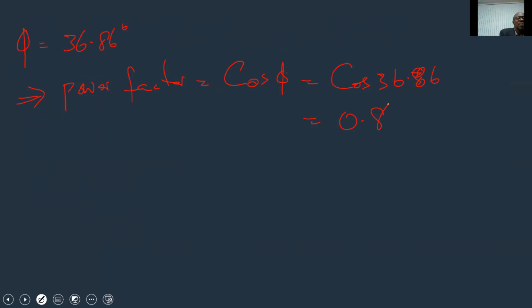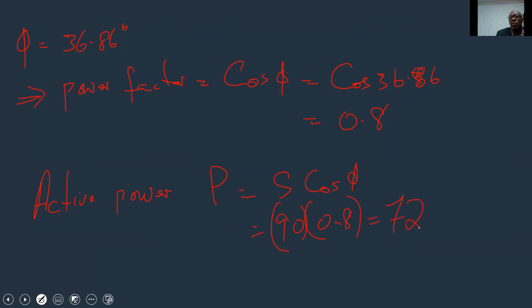Therefore our active power P will be equal to S cos phi, which is 90 times 0.8 to give us 72 watts.